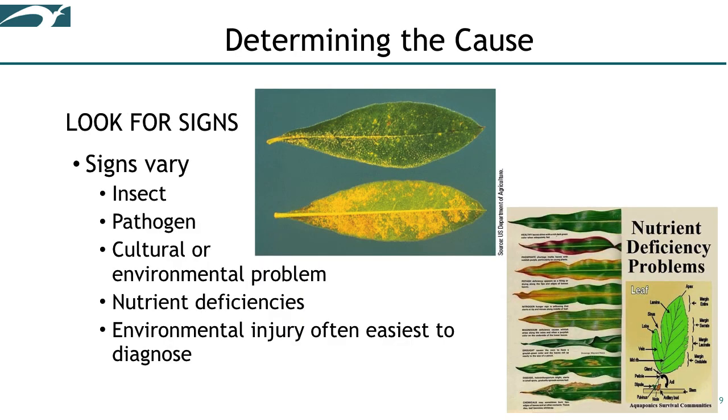Look for signs such as yellowing of the leaves, nutrient deficiency, and environmental injury, so you can know what actually is the problem with your plant and how to help it not just die within the first year or two.